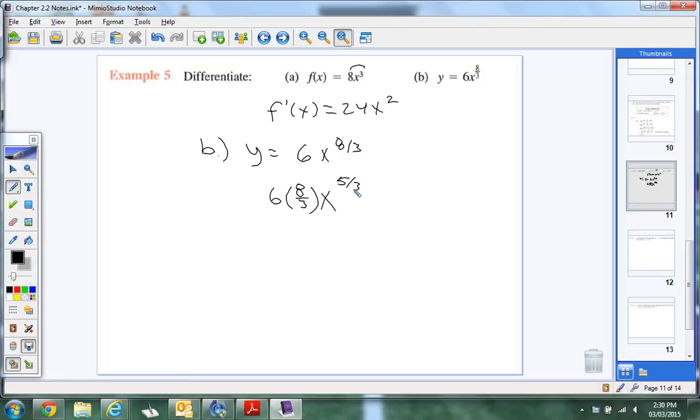That's right. Always subtract 1 for the power rule. So then 6 times 8 is 48. 48 divided by 3 is 16. So this answer is 16x to the 5/3. That is your f prime or y prime. So the question asks you to differentiate this quantity. Not too bad, right?